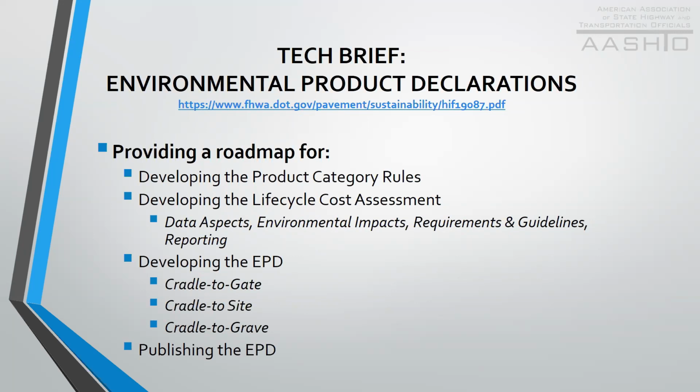Finally, developing the EPD, cradle to gate, cradle to site, and cradle to grave, and then publishing the EPD. In large part, the IDR would be a portion of that final publishing workflow.